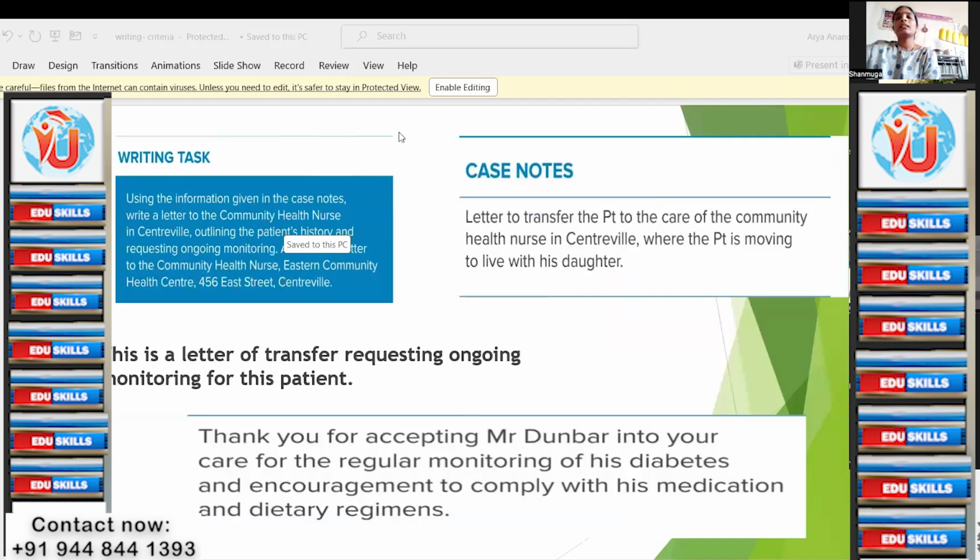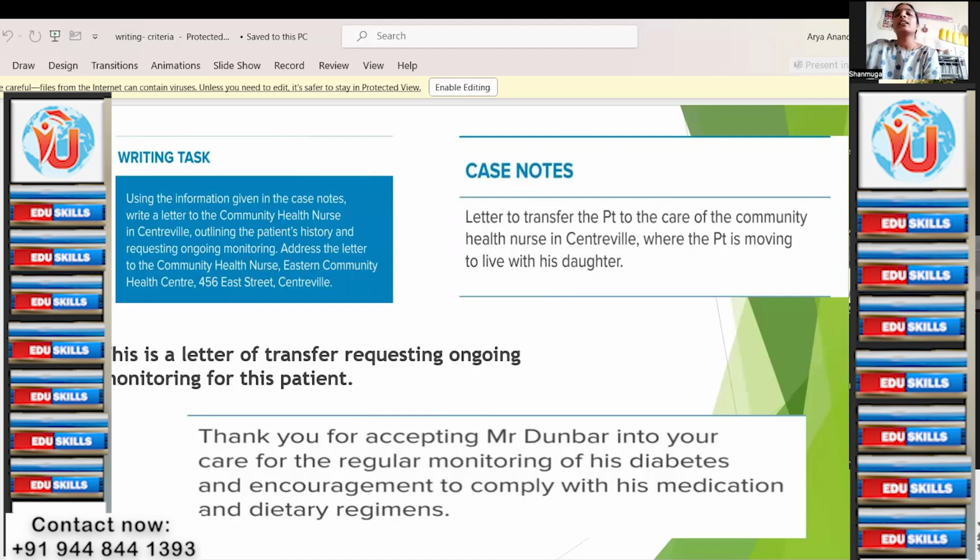Here you can see this is Peter Thunberg's case note. In this writing task, here also they will not give the purpose, because the purpose is that a patient is moving to another place. That is the main context, the main purpose of the letter we are writing. This is a type of transfer letter.